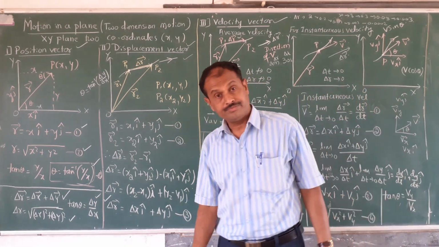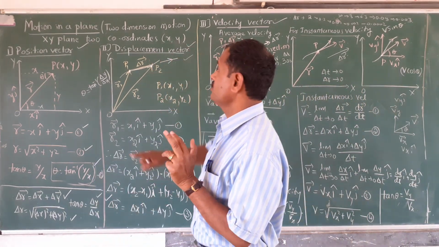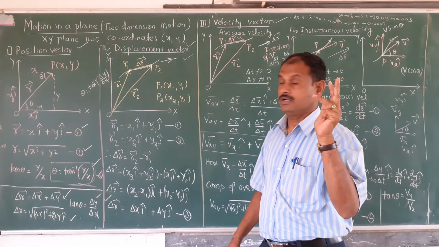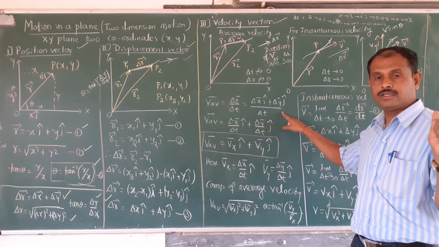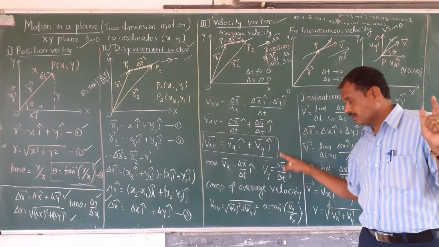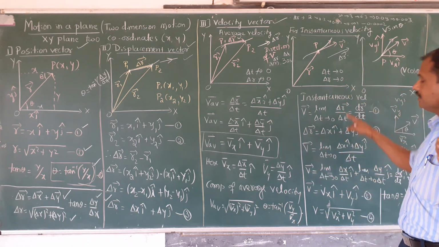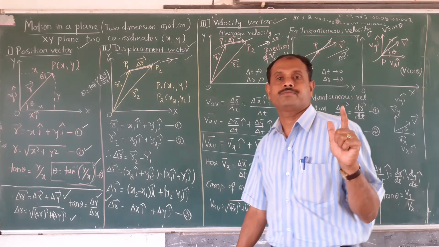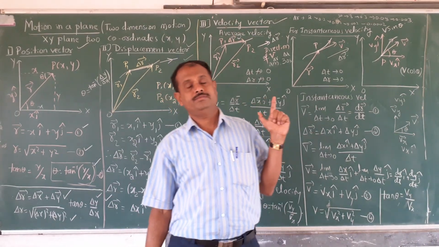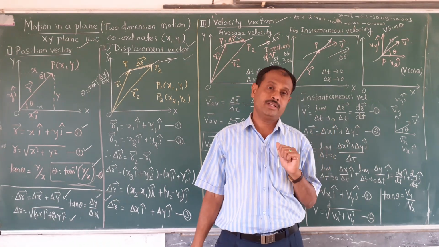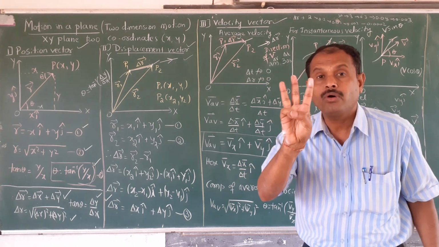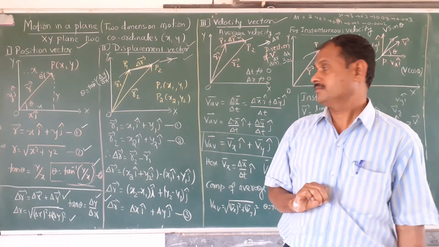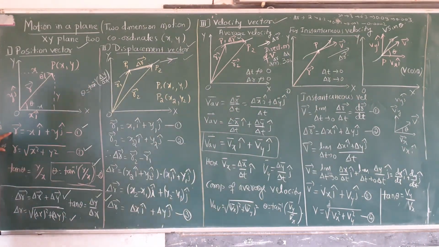This is about position vector, displacement vector, velocity vector. In the case of velocity vector, about the average velocity and about the instantaneous velocity, when a particle moves in two dimensions. Now see here, what are the three important equations? Here, this is the position vector expression.